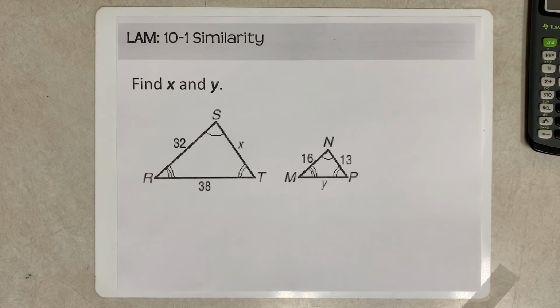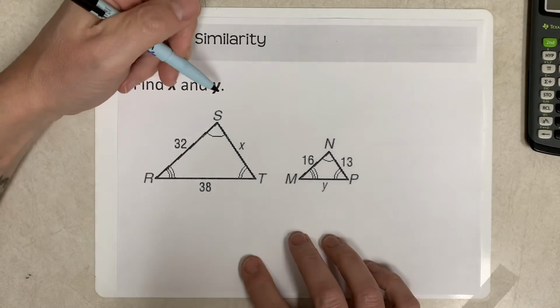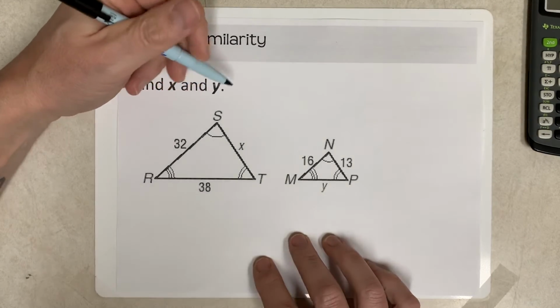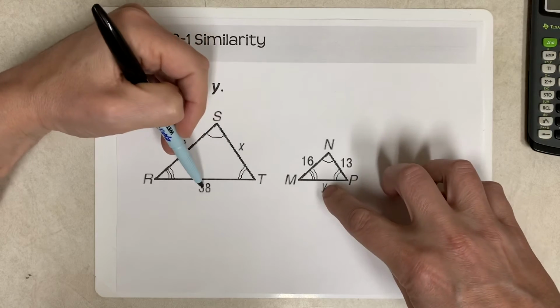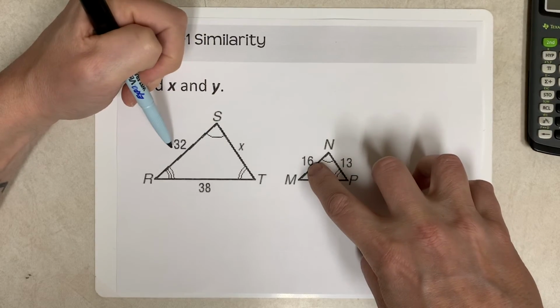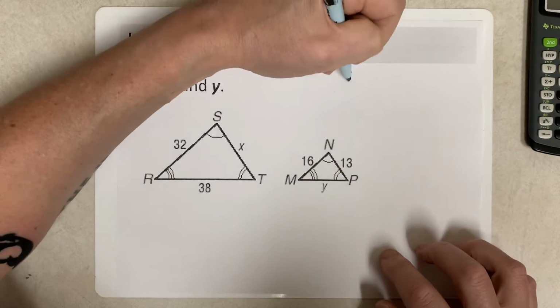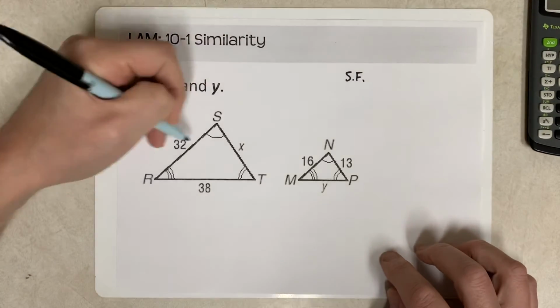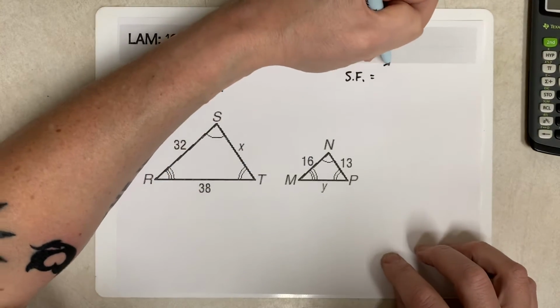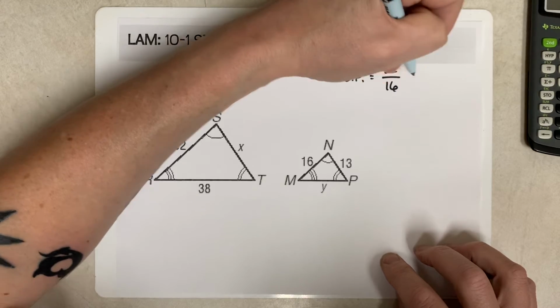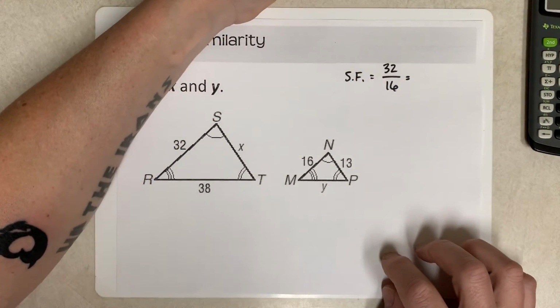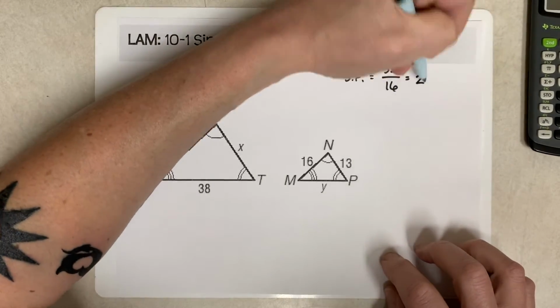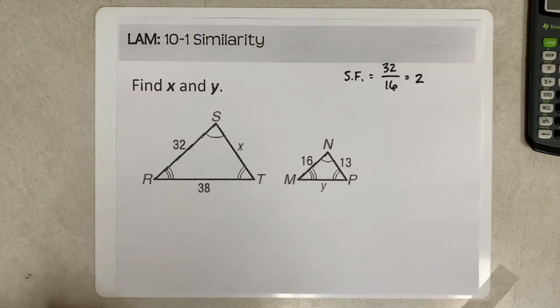All right, here's another one. Again, we have to find the scale factor first. We can't do these two, we can't do these two, so we kind of have to do these two. So the scale factor is going to be 32 over 16, and 16 times 2 is 32, so the scale factor is just going to be 2.